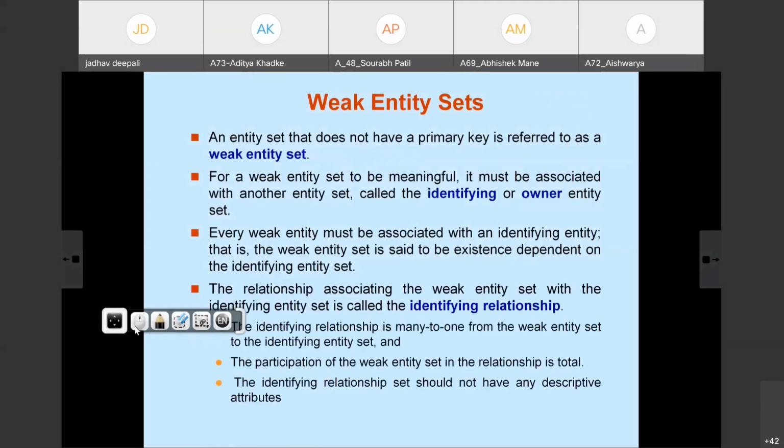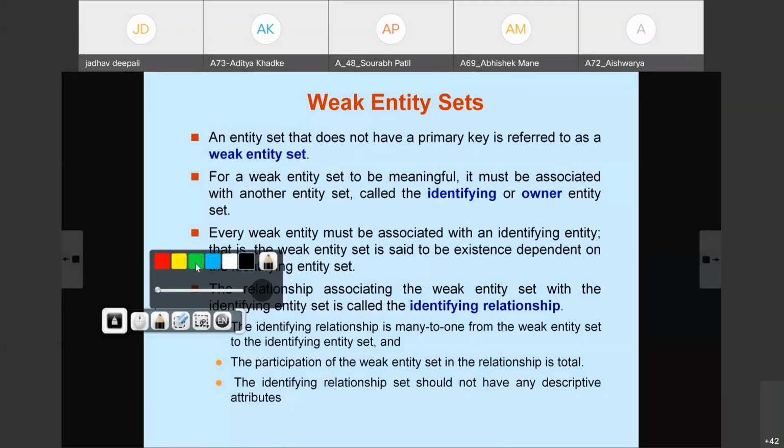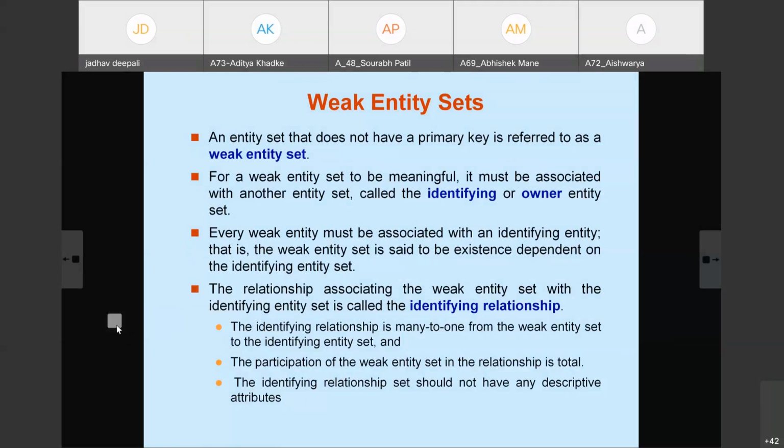So again I am repeating, the relationship set associating the weak entity set with the identifying entity set is called the identifying relationship set, and it must carry three properties. Every identifying relation follows these three properties. Which are these? The identifying relationship set is always many to one from the weak entity set to the strong entity set.